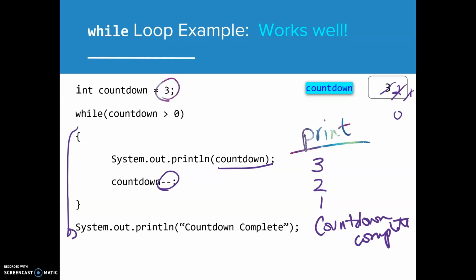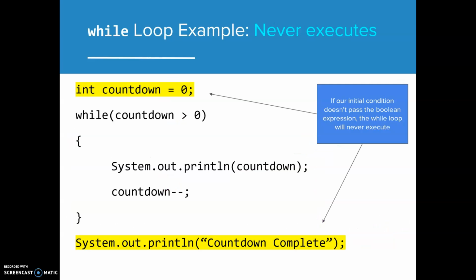So this is an example of a while loop that works as it should. We have a condition that starts out being true, and we update that value that our condition is checking within our loop. We have to make sure we update that value so that it begins to approach the exit condition. Now this is an example of a loop that never executes.